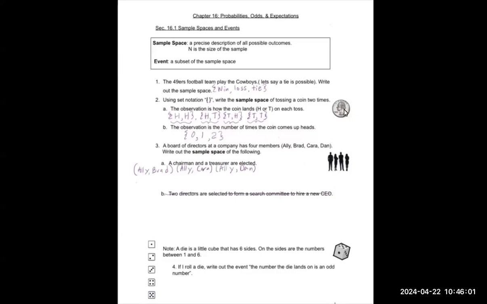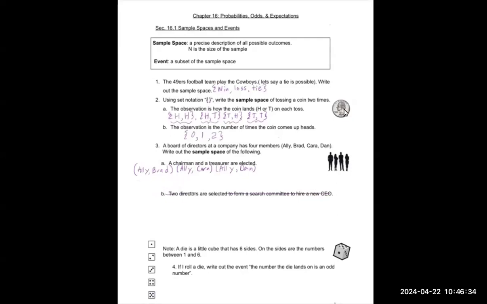So I listed all the groups with Allie in them. Okay, now we can go with Brad. I'm going to go ahead and write Brad and Allie, because that is a different group.